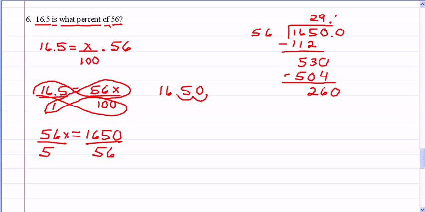Bring the decimal point up and multiply 56 by 4. And I subtract, changing this number to a 5. And one more time, I'll add another 0 to make this 360.